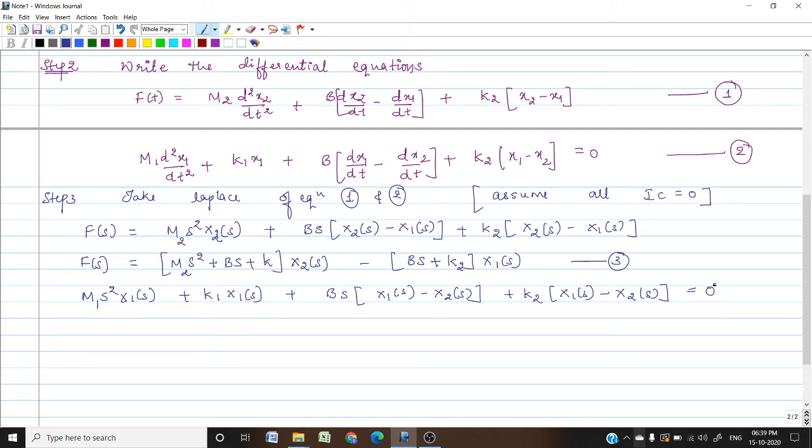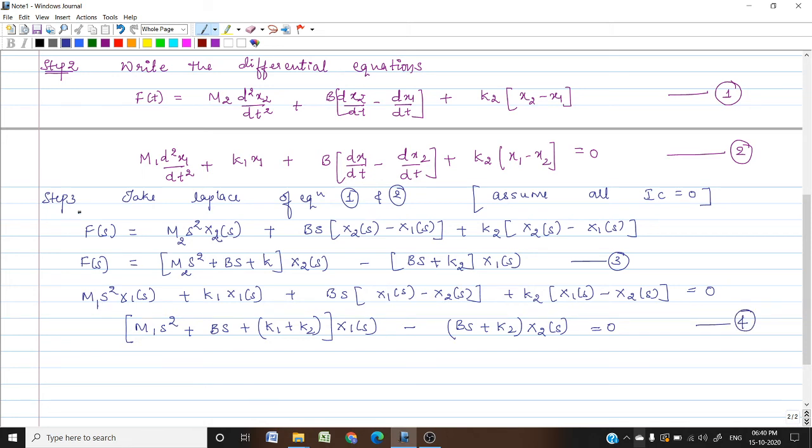I'll separate the terms x1 of s and x2 of s. So I'll have (m1 s² plus bs plus k1 plus k2) into x1 of s minus (bs plus k2) x2 of s. This is equal to 0. Since those are constant, that is the reason why I've taken them within the brackets. This becomes my equation number 4.